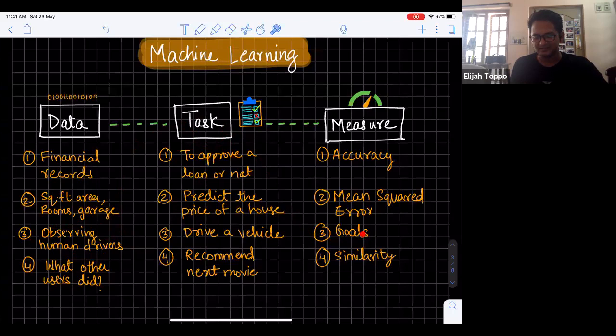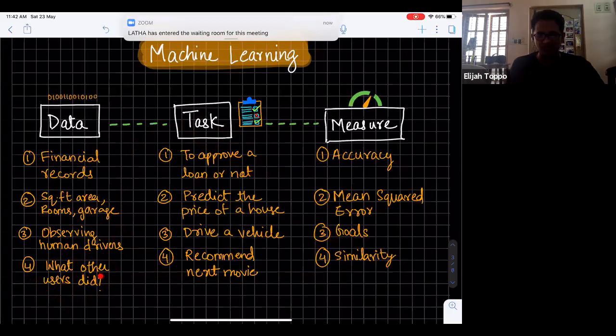In the fourth example, let's say the task is recommending a next movie. Let's say you have an account on Netflix or Amazon Prime Video, and you have been watching a certain set of movies in the past. Amazon or Netflix would probably tell you what you should watch next. The way it would do that is by observing what other users have done.